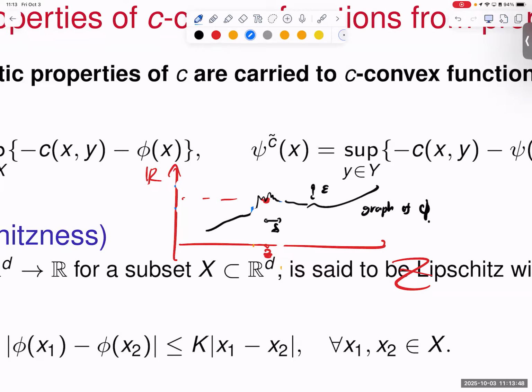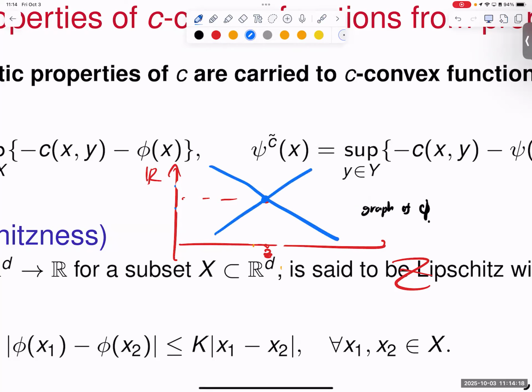A function is Lipschitz, more precisely globally Lipschitz, if you can do the following at each point z: you consider the graph of the function, let me draw the graph again, in such a way that the graph is contained in some kind of cone shape like this, in the r direction.